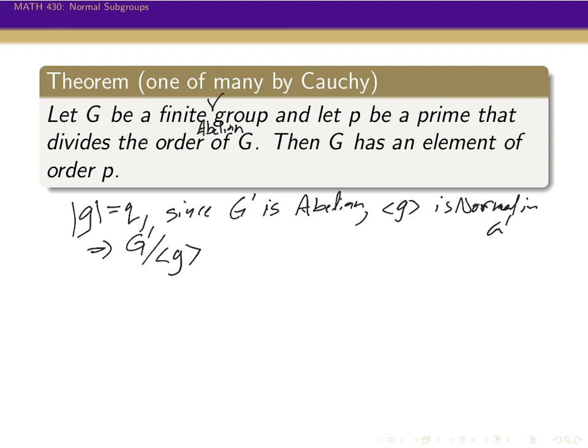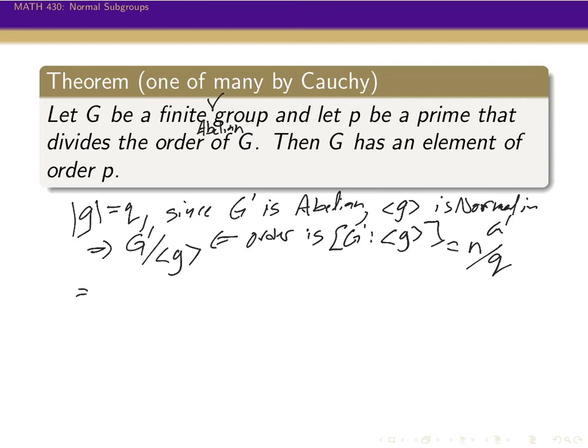And so if we look at G prime mod the group generated by G, then this has order the index, which by Lagrange's theorem equals n, the order of G prime, divided by Q, the order of the group generated by G. And since Q is prime, this is an order that is less than n, but it's still a multiple of P because Q is not dividing out P, because Q is different than P.